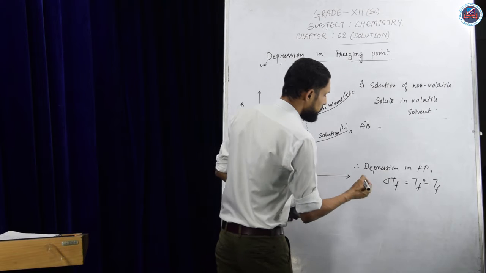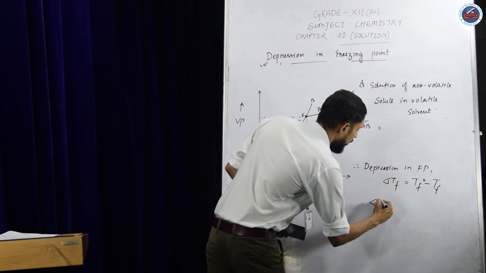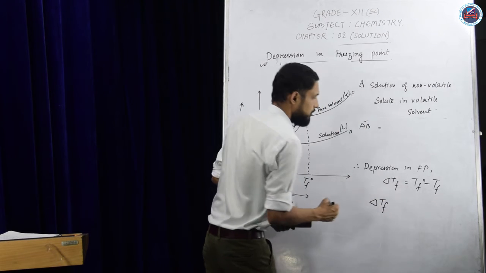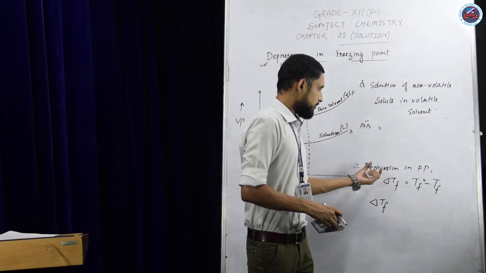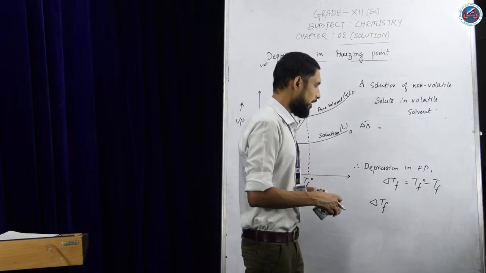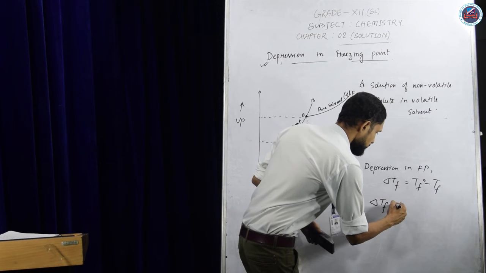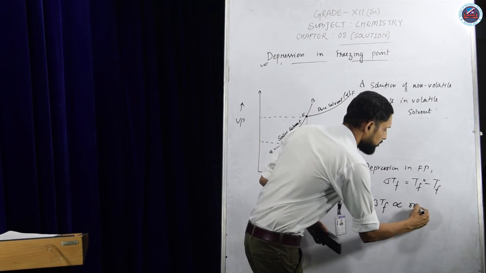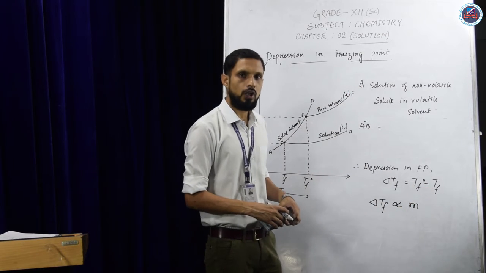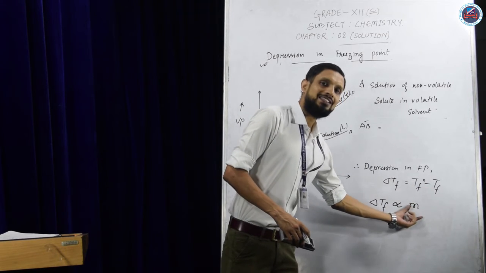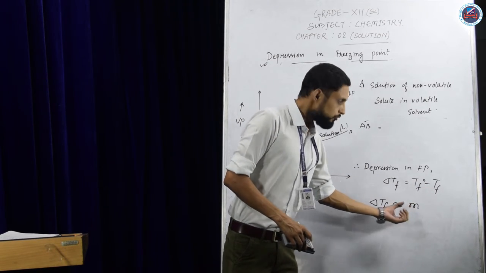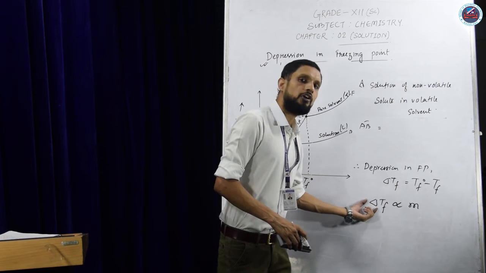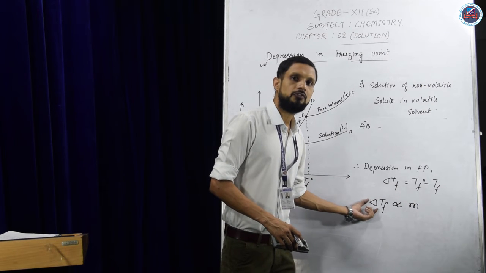Now experimentally, it is found that delta Tf is directly proportional to m, where m is molality. And we know molality is a quantitative term. So therefore, depression in freezing point is a quantitative property.